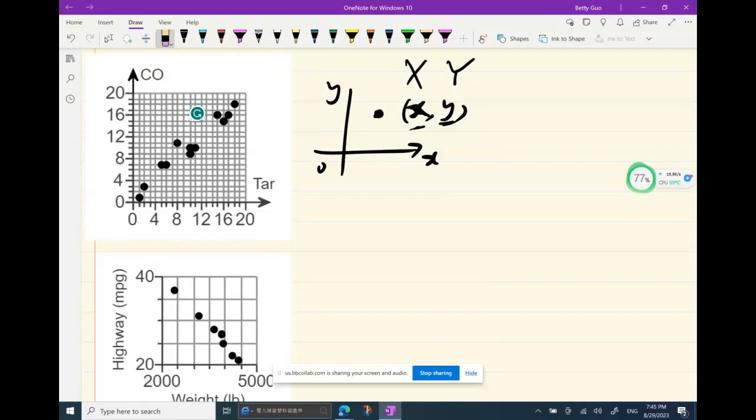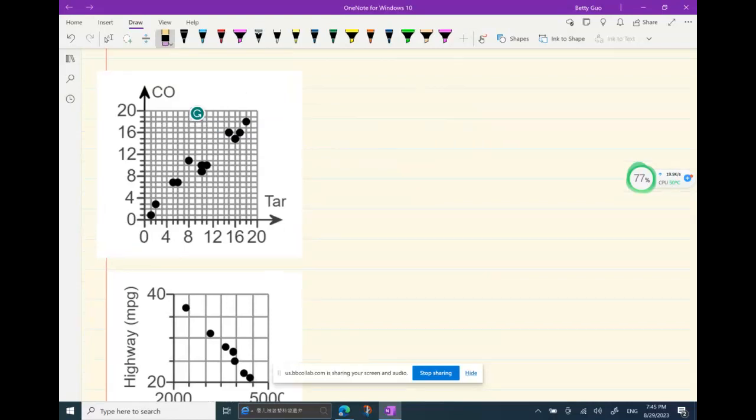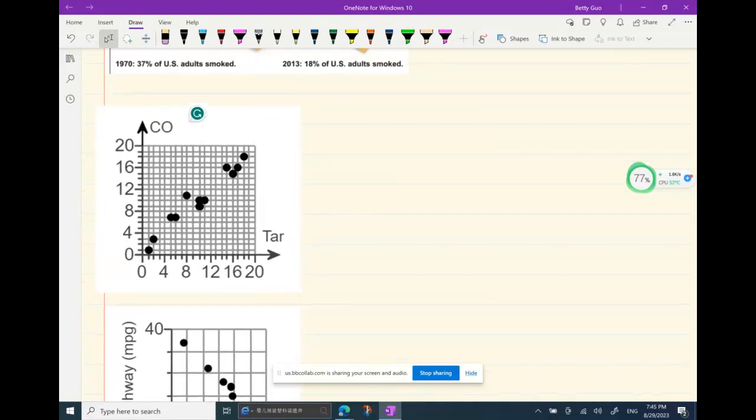For example, this one, the horizontal scale is the tar in the cigarettes. Actually, I don't remember what this is about. And the vertical scale is CO, carbon monoxide. So as we can see, the two variables do have a kind of relationship.